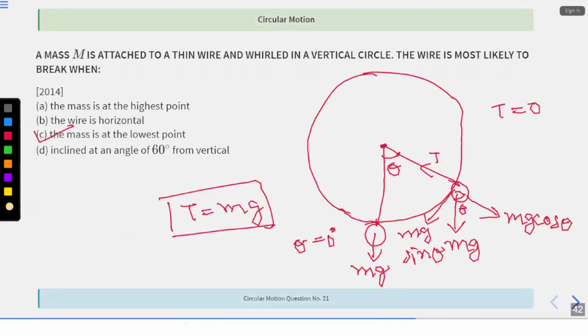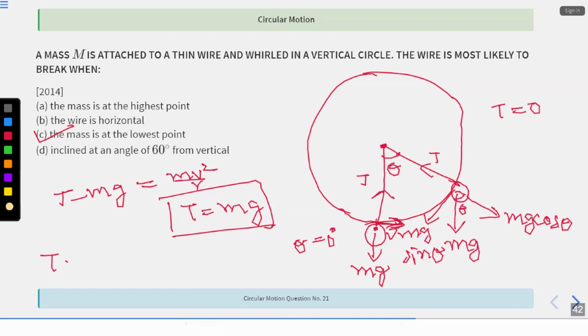There's also another way to look at this approach. Here we can see that if there's a velocity v here, there is T over here. So I can write this as T minus mg. Why is it minus? Because they are in two different directions, right? T minus mg is equal to mv squared by r. This is the centripetal force, okay?